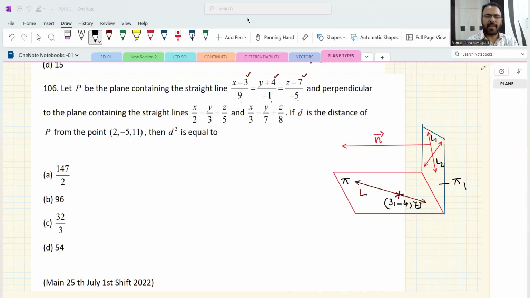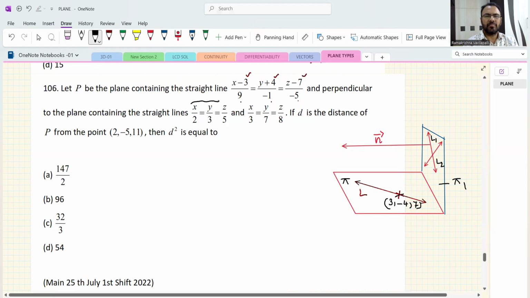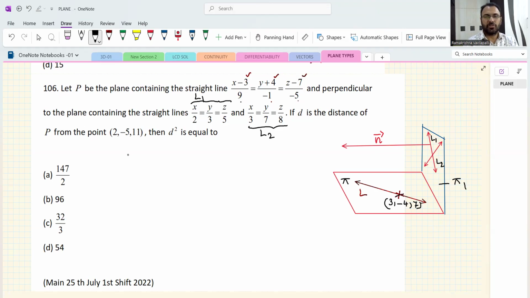In order to explain very clearly, assume that this is line 1 and this is line 2. So pi 1 is the plane containing line 1 and line 2. Then you see the normal to plane 1 is perpendicular to L1 and L2.